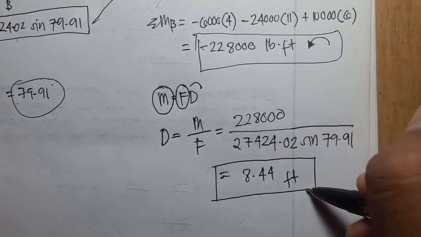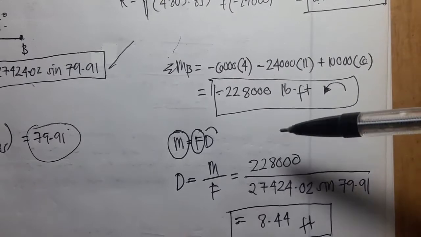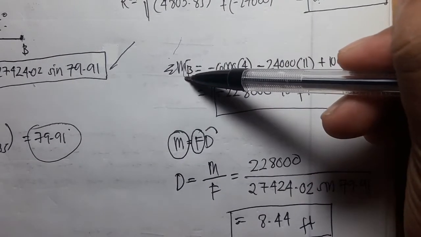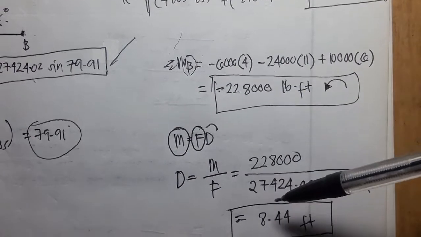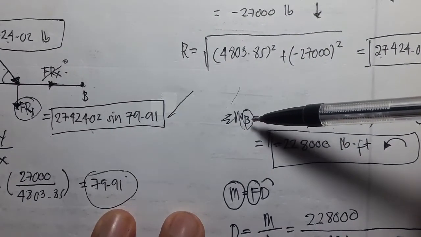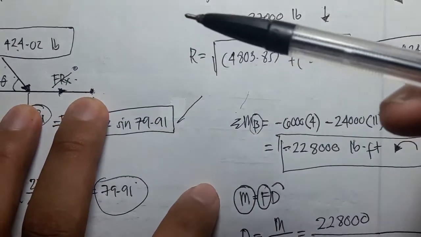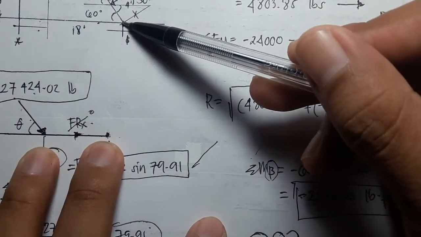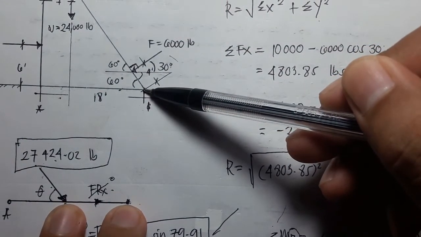This is our location, and it is to the left of point B. Remember that if our moment is negative, our distance is to the left of our moment center, and in this problem we sum up moment at point B, so our distance is to the left of this point.